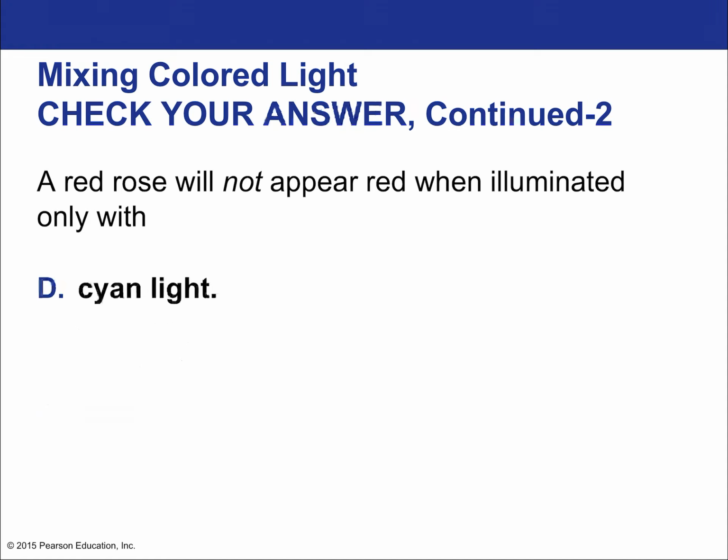So cyan, because cyan is blue plus green. Illuminating a quote-unquote red rose, again, what is red? It's just the color it reflects if that color is around. If you illuminate it with blue and green, which is cyan, there's no red in that light, so there's nothing for that object to reflect that would make it look red. It's just going to absorb all of the cyan light, so it will just appear black.